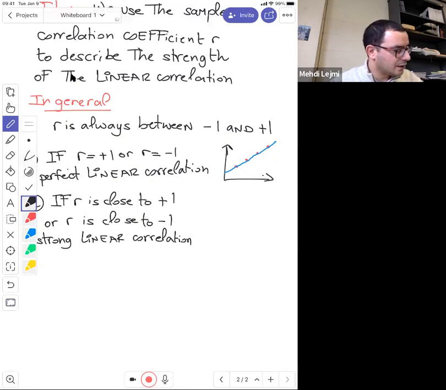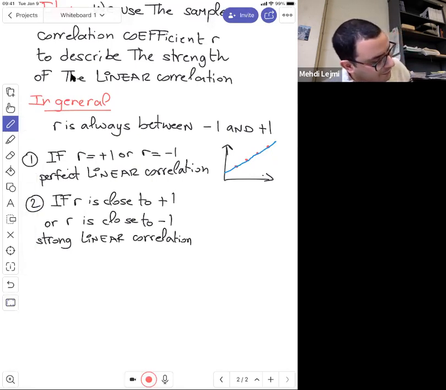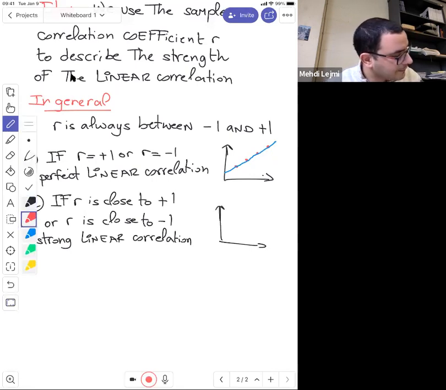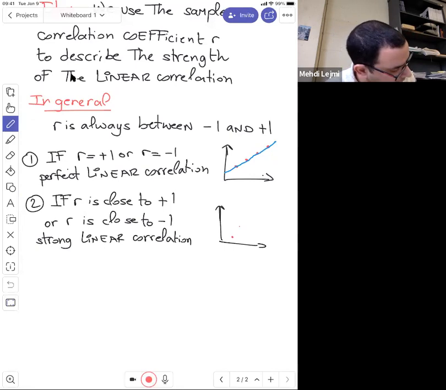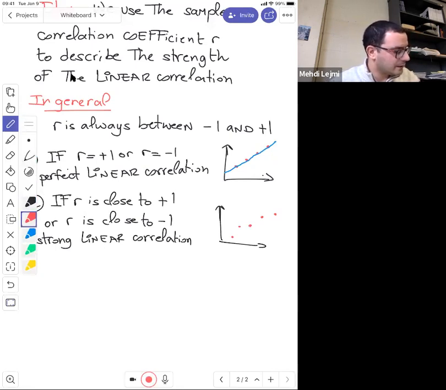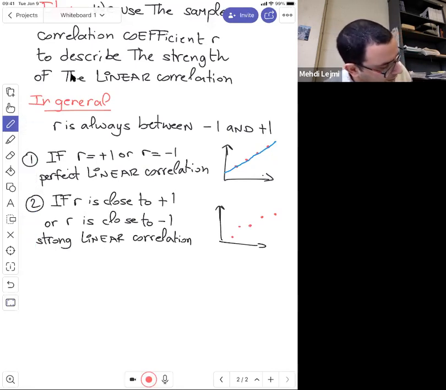It's almost a perfect line. It's not a perfect line, but it resembles a line, something like this here. Your points are very close to your line. That's what we call a strong linear correlation.